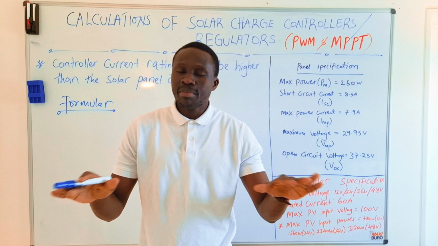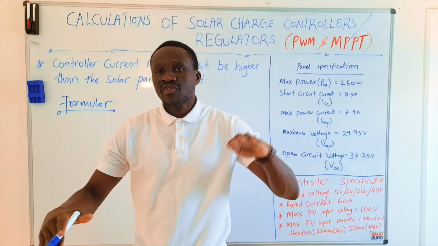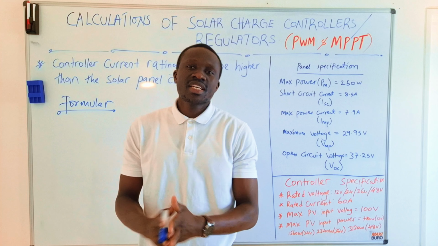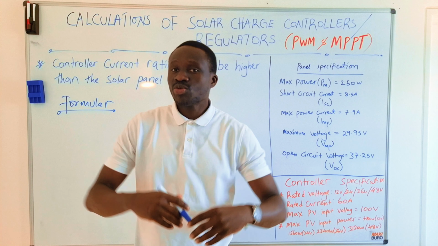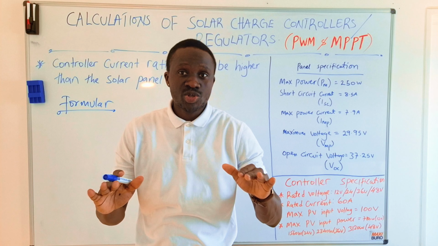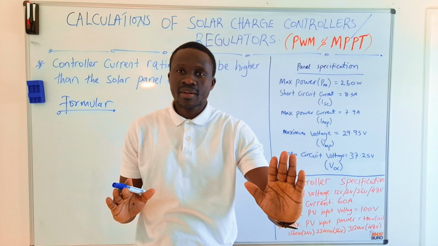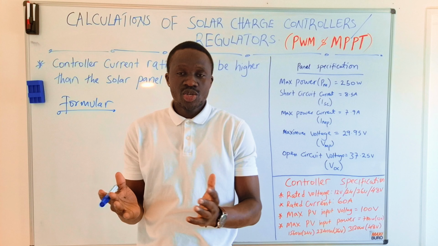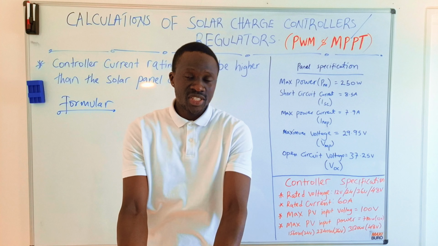It deals with amps: 5 amps, 10 amps, 15 amps, 25 amps, 30 amps, 40 amps, 60 amps, up to 100 amps. You buy it according to the amperes, that is the current from the panel, because we need to handle the current from the panel so that we send it to the battery for charging.